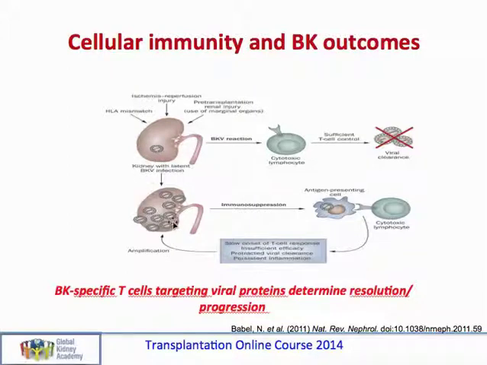You get amplification of the virus as a result of immunosuppression, and eventually develop antibody. If you develop specific T cells, then you can develop a kind of cytotoxic reaction, cytotoxic lymphocytes that target those viruses and promote viral clearance.